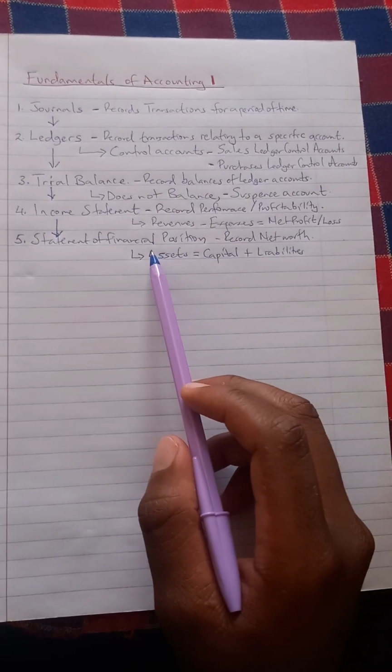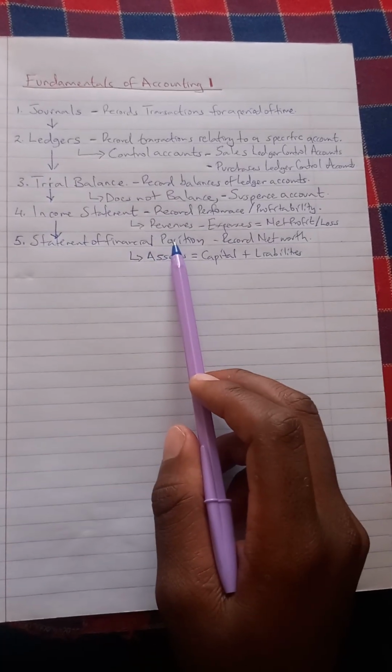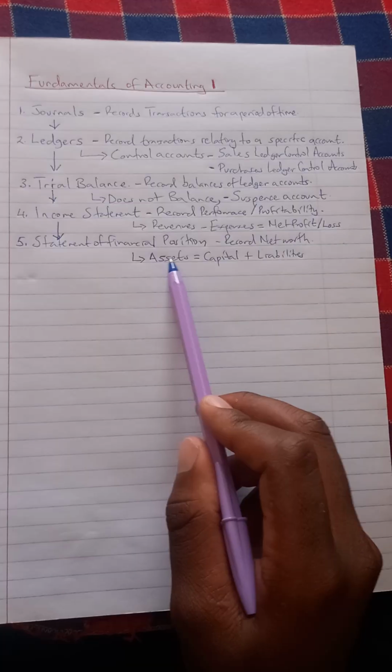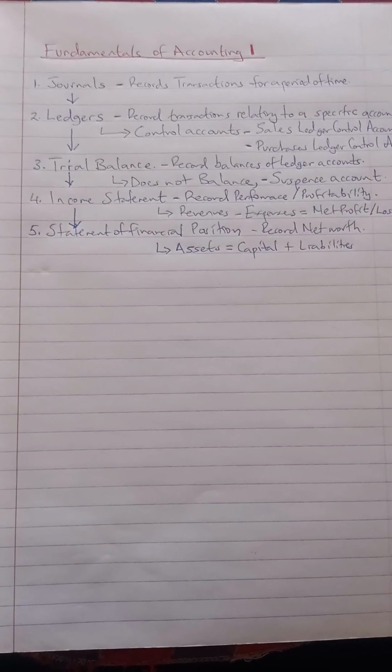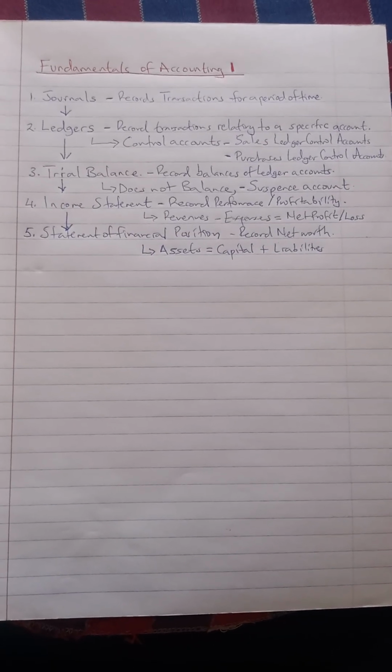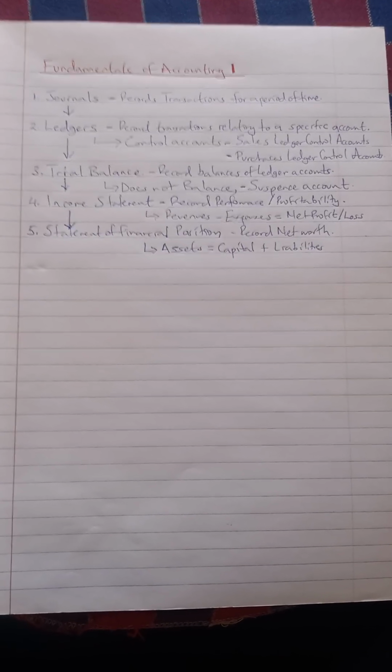And then the structure of the statement will be guided by this accounting equation. Okay, so under Fundamentals of Accounting 1, these are what you need to know before you go to an exam room. Okay, and these other videos which are coming shortly will help you to ace that exam.